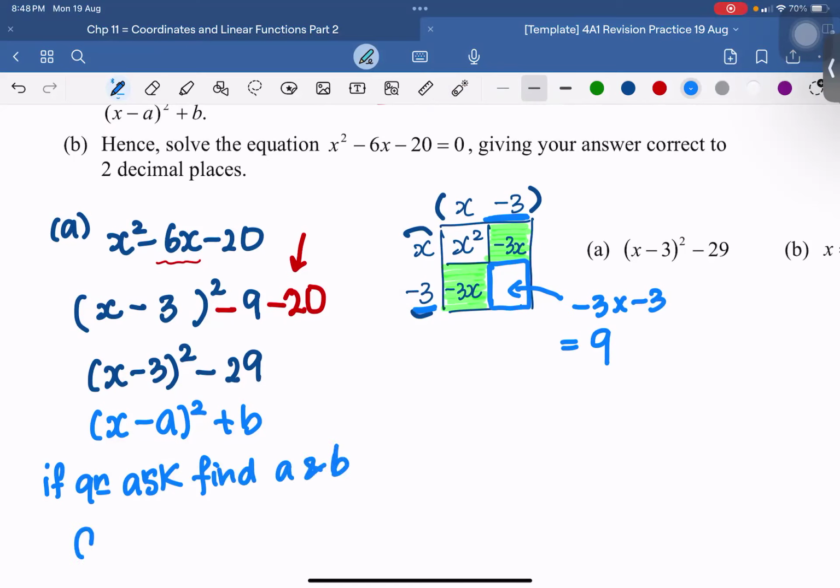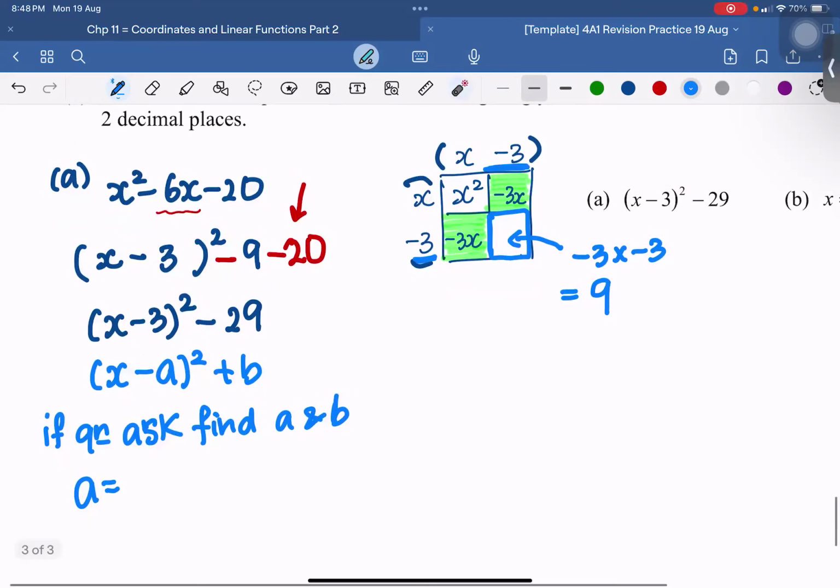Then what will be a? X minus minus. A is the number. -3? No, not correct. Eh? I repeat again. X and X minus with minus. So A must be for the number.